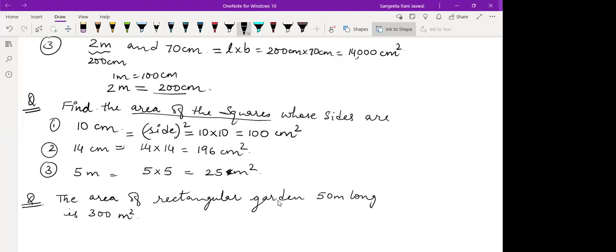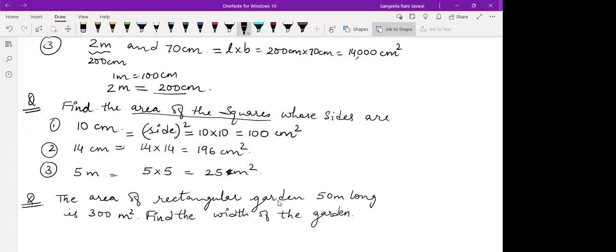Find the width of the garden. Find the width of the garden.